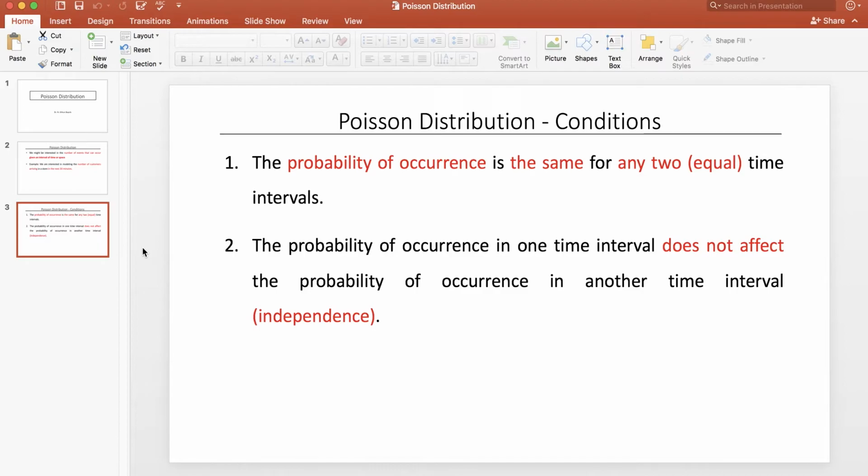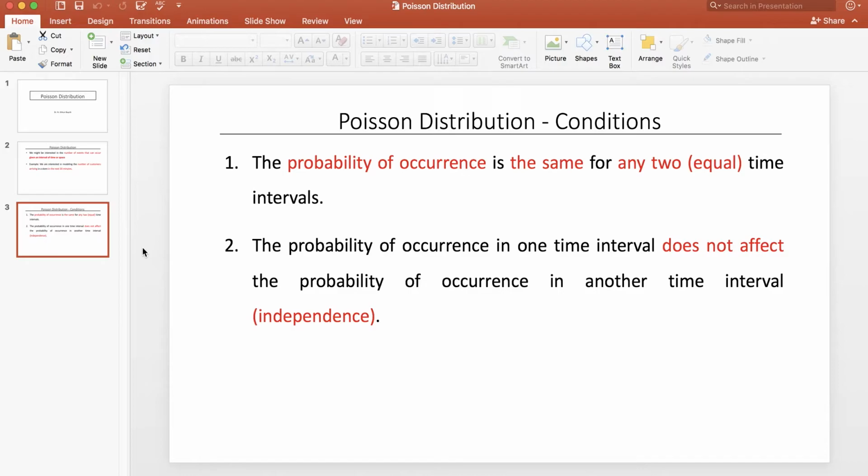So if 10 people are coming in 30 minutes on average based on our past data, the probability of occurrence shouldn't change from 11 to 11:30 versus 12 to 12:30. The probability of occurrence should be the same for both of these time intervals because they are equal.